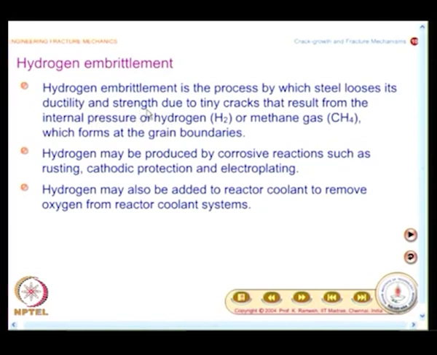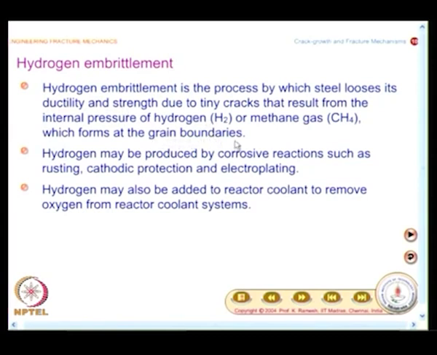What happens? Tiny cracks that result from the internal pressure of hydrogen or methane gas cause loss in ductility and strength. And where do these form?